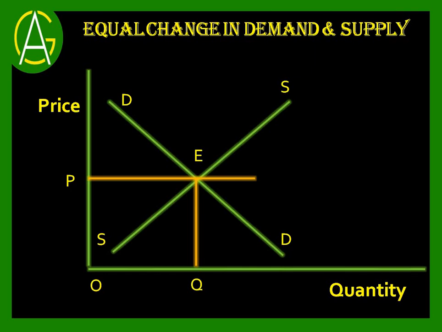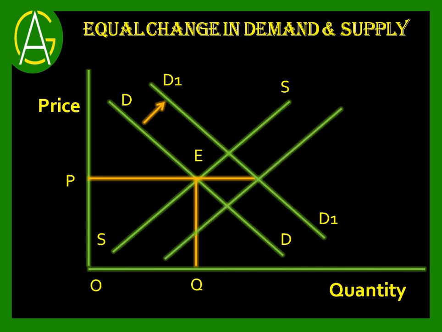Now let us see, there is equal change in demand and supply. Demand has increased, we find out new demand curve, that will be on the right side of the original demand curve. New demand curve will be D1 D1, and there is increase in supply also. So new supply curve is found out.